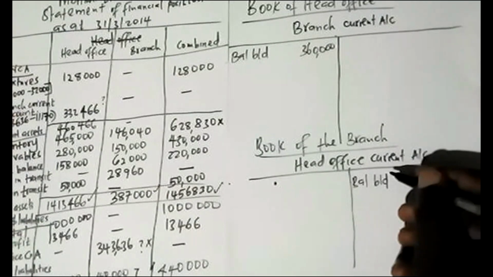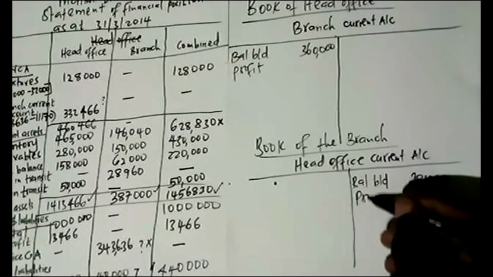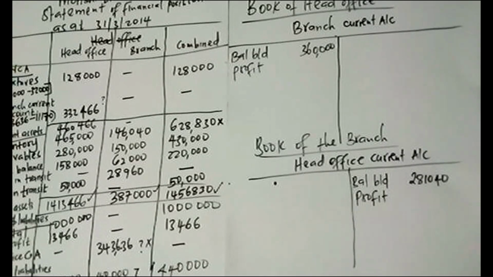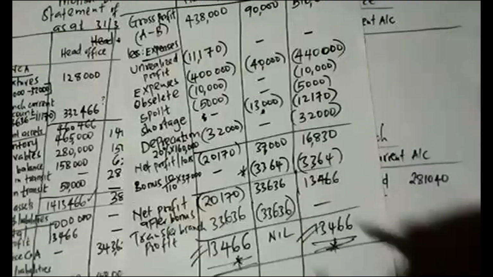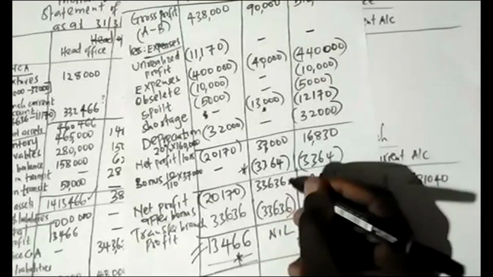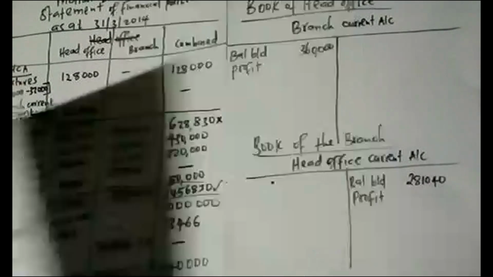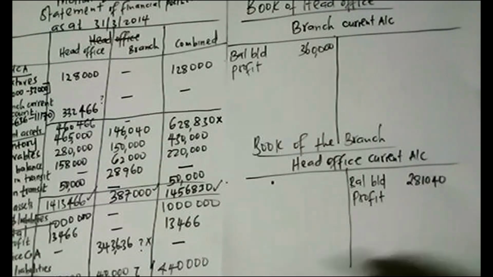Then what you are supposed to record here is the profit, the profit which was transferred by the branch to head office. This was the profit we got from the income statement, 33,636.